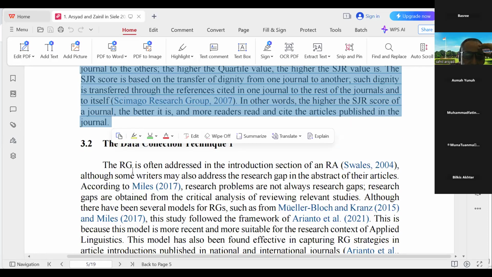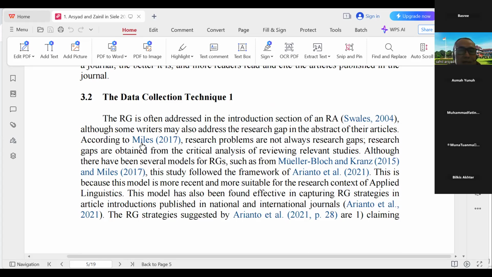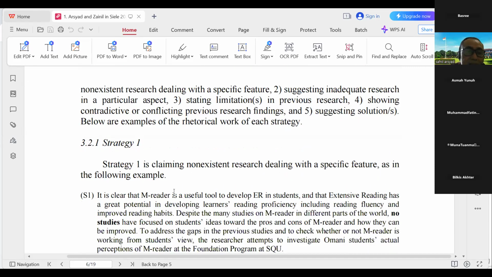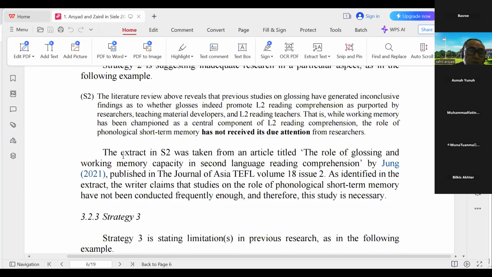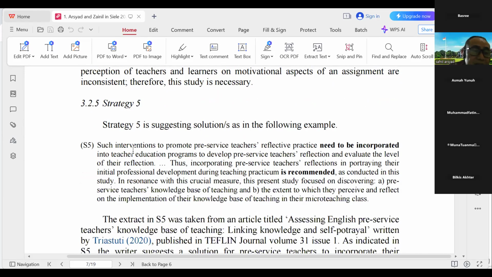Now the third element here is actually the data collection technique. I also cite someone here: Swales, Miles, Muller, Bloch and Kranz, Arianto. Then I explain the data analysis, how I analyze the data by using strategy one, two, three, four, five, six.